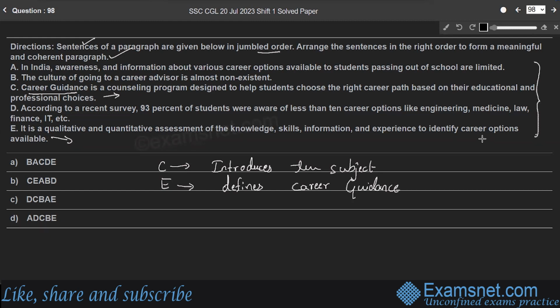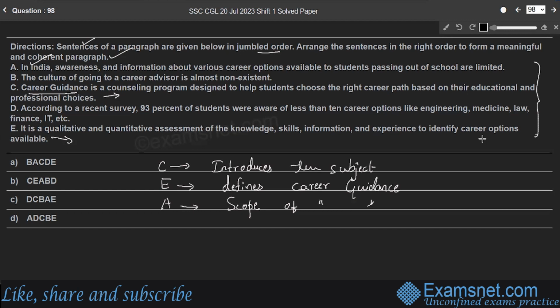It means career guidance. Therefore, sentence E gives a description of career guidance. So what actually it is, it defines career guidance. Sentence E defines what career guidance actually is. Next comes sentence A: in India, awareness and information about various career options available to students passing out of school are limited. So sentence A gives the scope of career guidance.